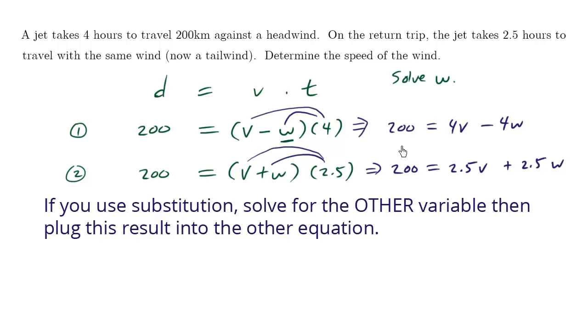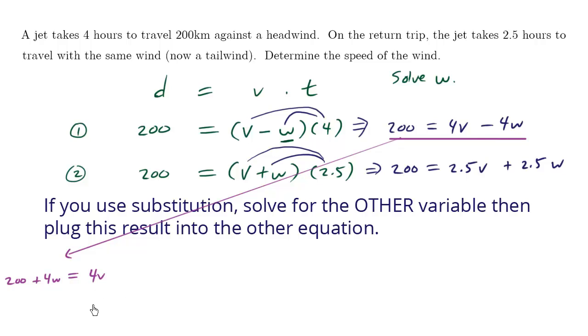So right now we're interested in solving for w, so we're going to solve for v. I'm going to look at this formula here, and I'm going to solve for v. We'll say that 4v equals 200 plus 4w, because I'm taking the negative 4w and moving it over, so it changes signs.